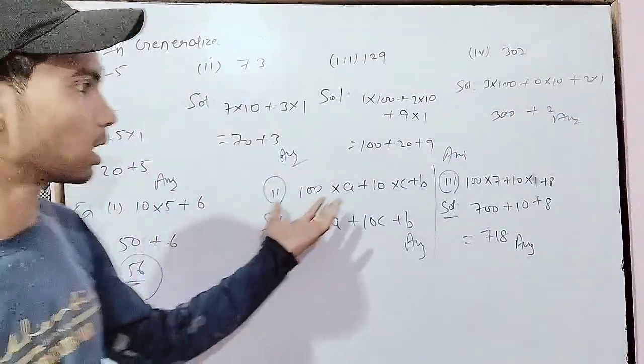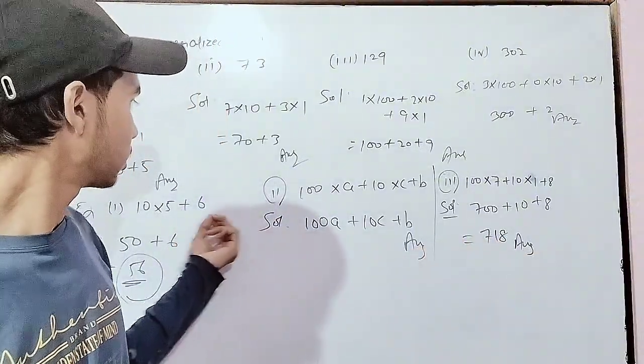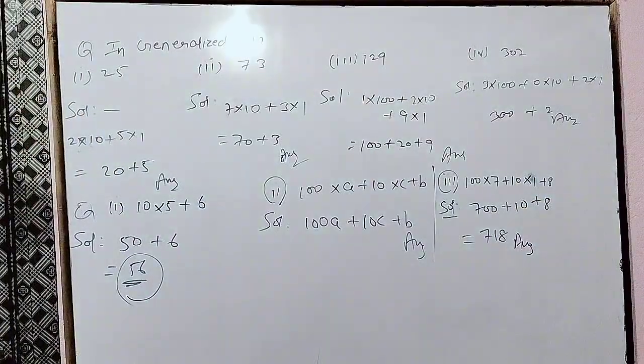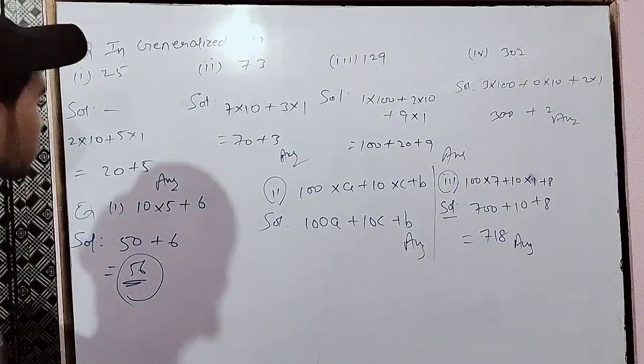Now here, these numbers are in general form, and we converted them into usual form. Till here you are clear.